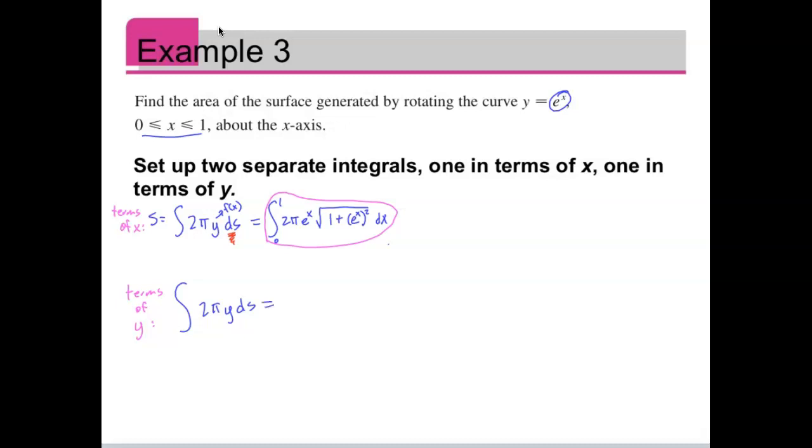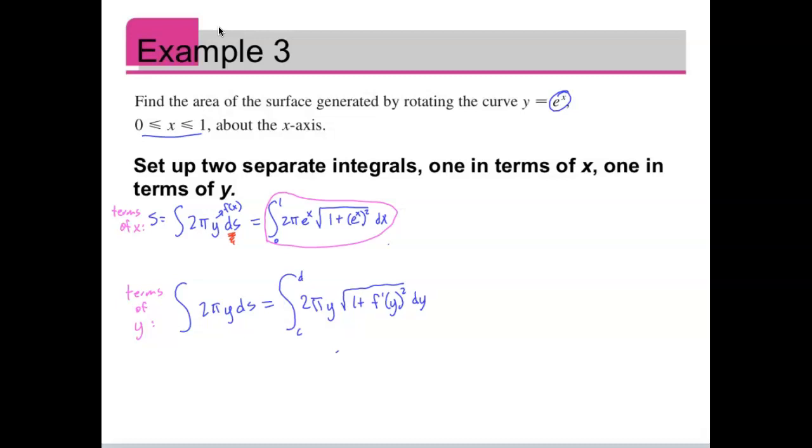So I'm going to leave this as just a y. I'm not going to rewrite it as a function of x. This is now just the variable y, and the ds is going to be root 1 plus f prime of y squared dy, right? And I'm going to need y coordinates for my limits of integration.